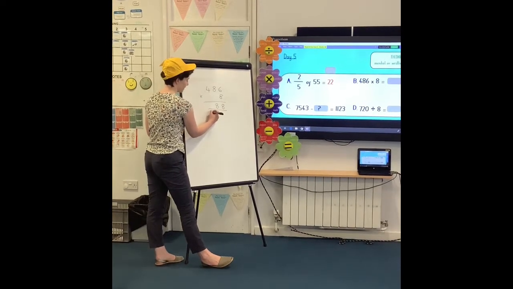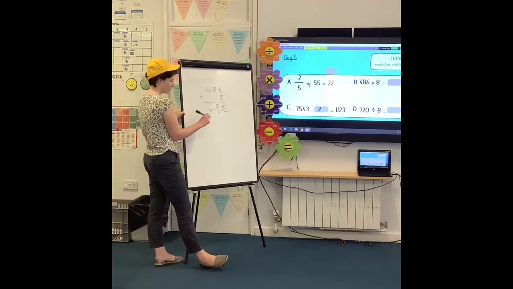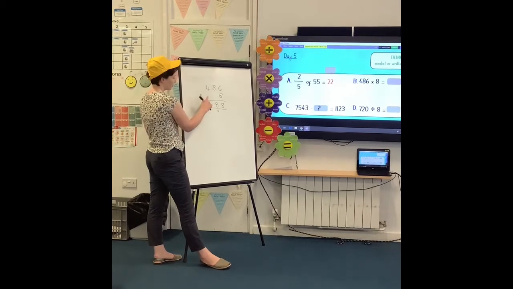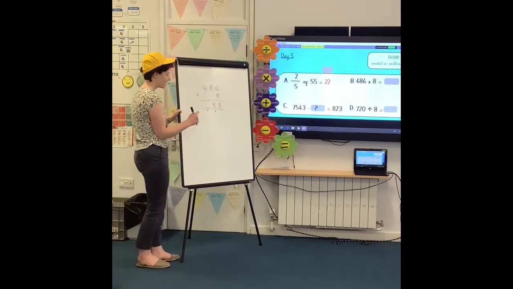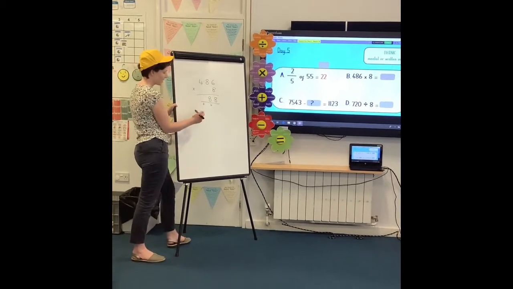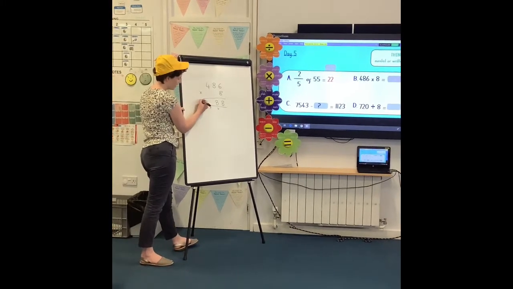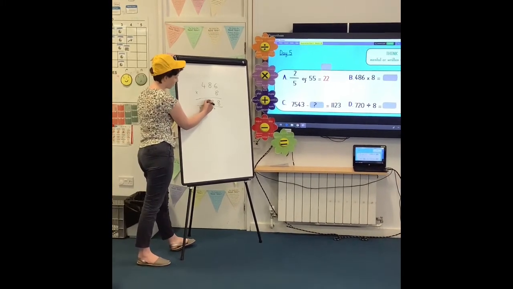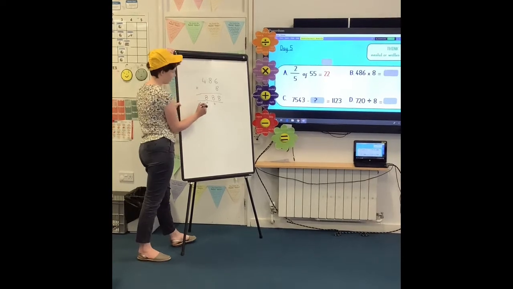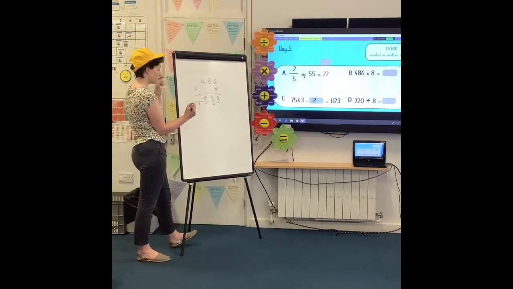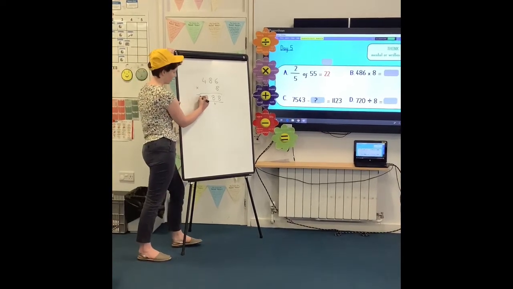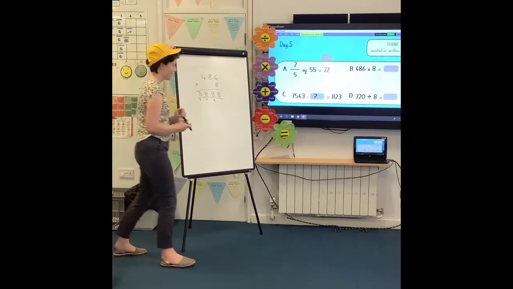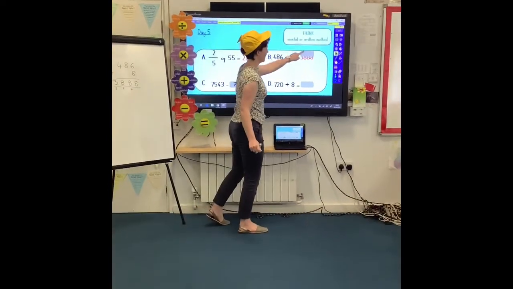So I'm regrouping 60 of those for 6 hundreds. Then I've got 4 hundreds times 8, which is 32 hundreds. Add 6 is 38 hundreds. So I'm regrouping 30 of those for 3,000. And I've got 8 hundreds, and then I've got my 3,000. So your answer there should have been 3,888.